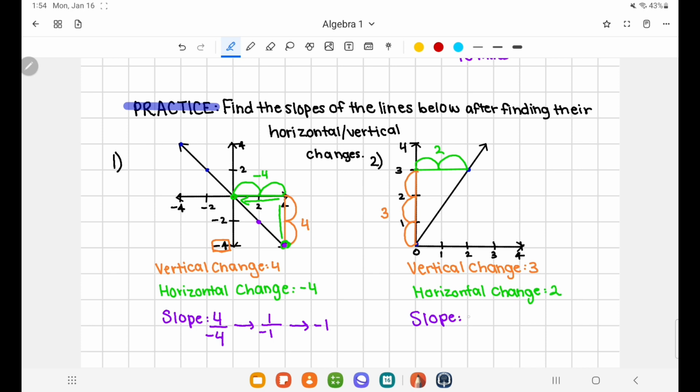So our slope is 3 over 2. And since this can't be simplified any further unless we just want to change it into a decimal, which we could, or we could just leave it as a fraction. Usually when we just have a graph and we're just told to write the slope, it's not an equation or anything like that. We usually just leave it as a fraction. So 3 over 2 is fine.